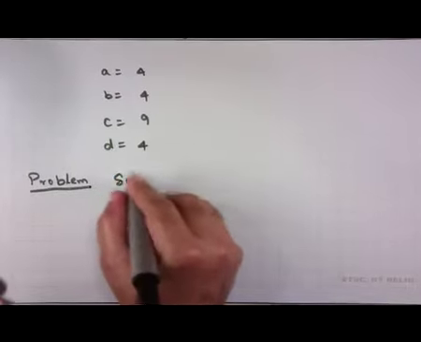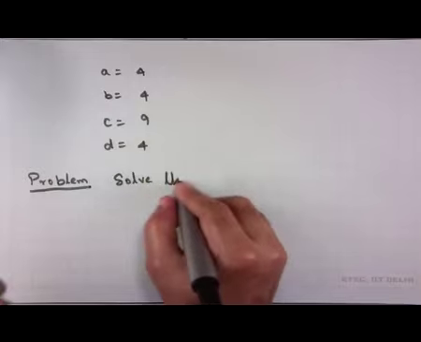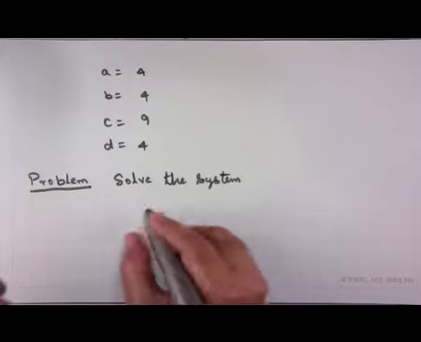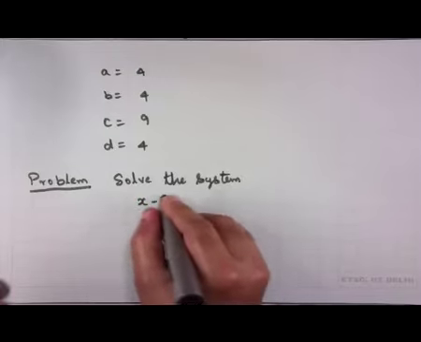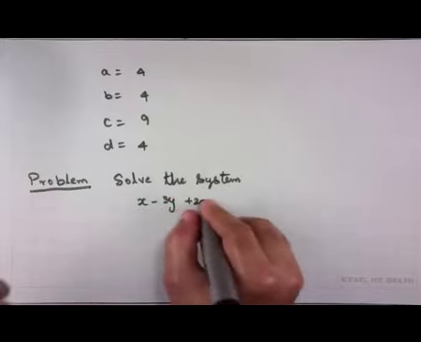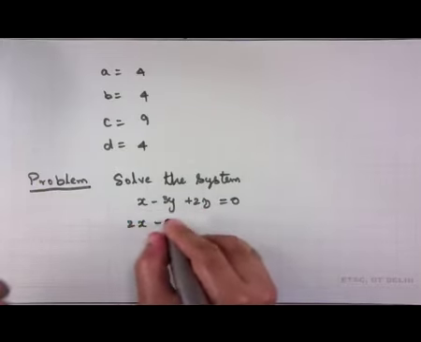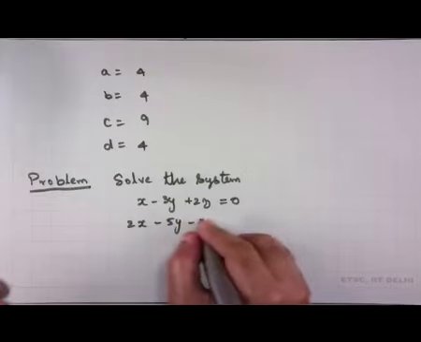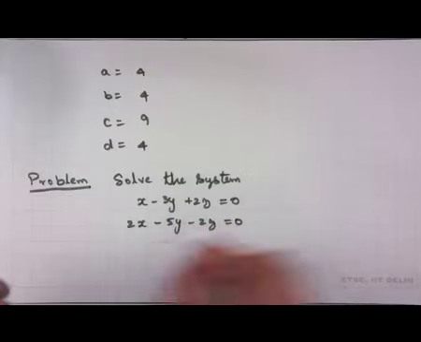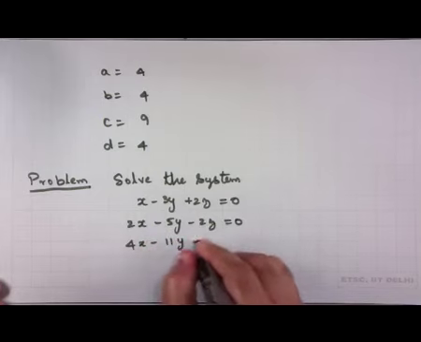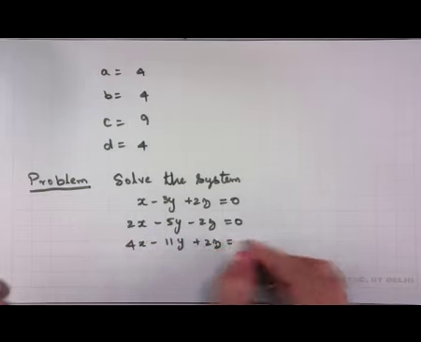Solve the system x minus 3y plus 2z equal to 0, 2x minus 5y minus 2z equal to 0, 4x minus 11y plus 2z equal to 0.